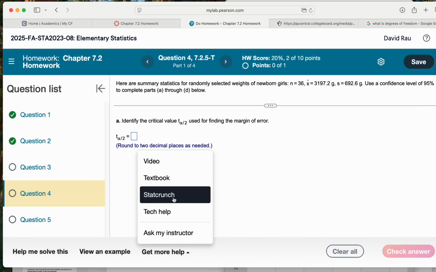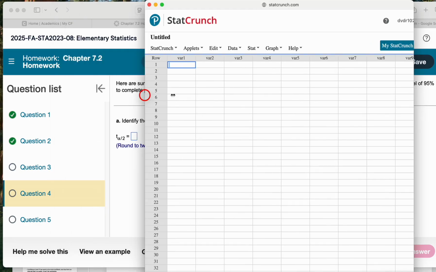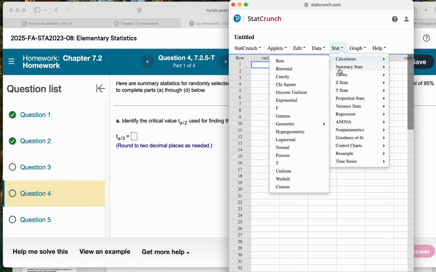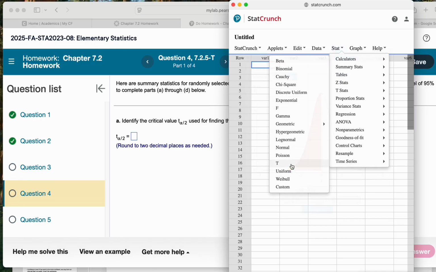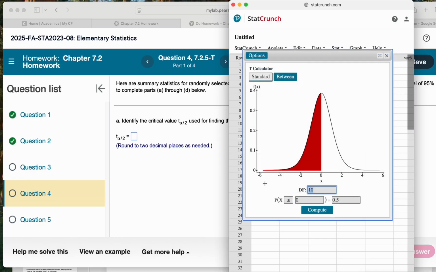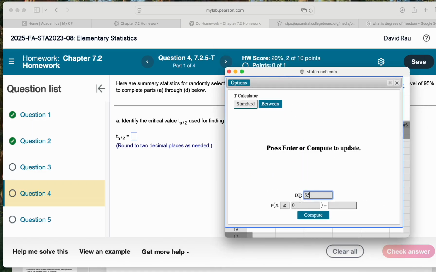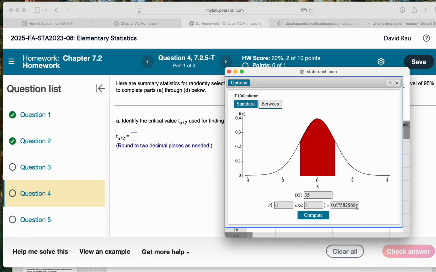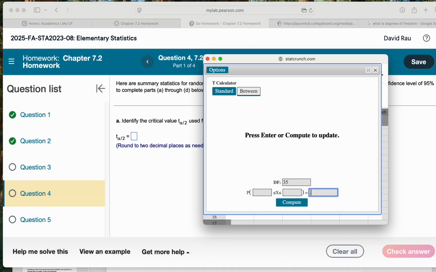So first thing is they want, I gotta keep that StatCrunch window open. First thing is they want that T-stat. So I'm gonna go to the calculator, T, I want degrees of freedom, let's see here. There are 36 values, so 35 degrees of freedom. And I want the area between, or they want the area between, to be 95.95.